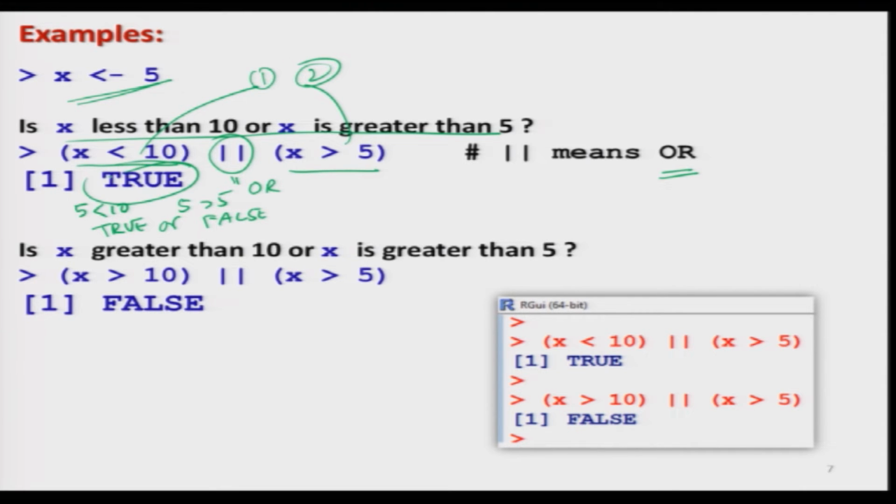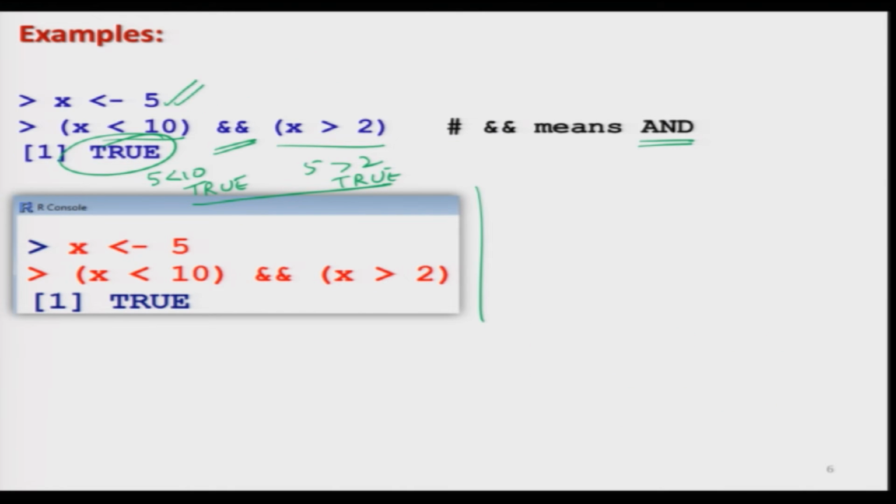So this double vertical line, the OR operator, is going to work even if any one of the conditions is satisfied. Whereas in the case of double AND, the AND operator, the condition is going to be satisfied only when condition 1 and condition 2 both are satisfied.